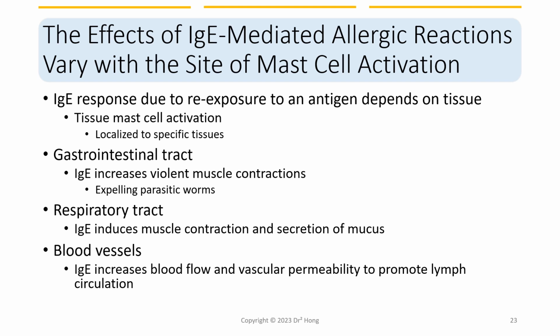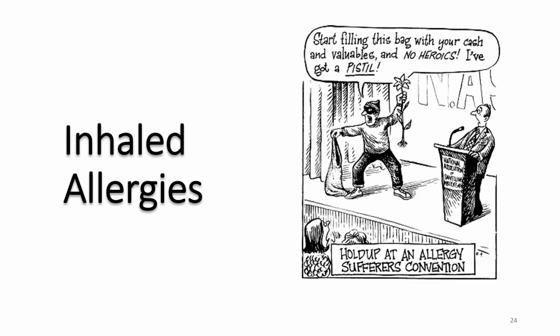For example, IgE increases violent muscle contraction to expel parasitic worms in the gut. In the respiratory tract, IgE induces muscle contractions and secretion of mucus, and in the blood vessel, IgE increases blood flow and vascular permeability to promote lymph circulation.